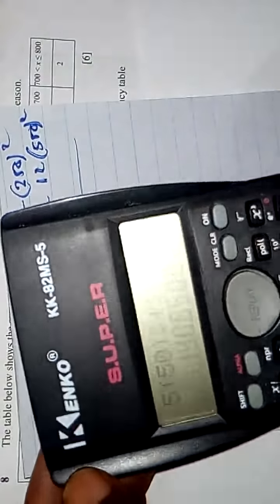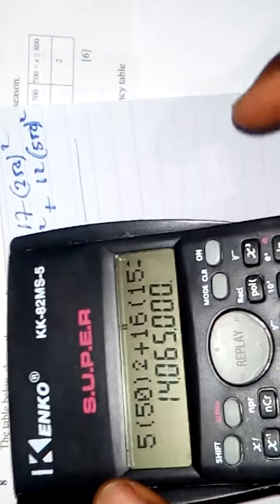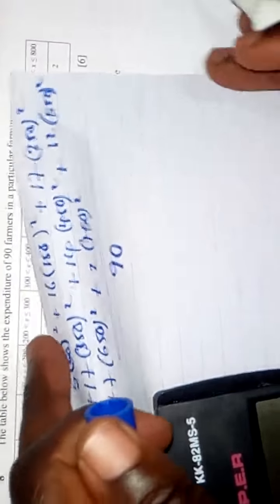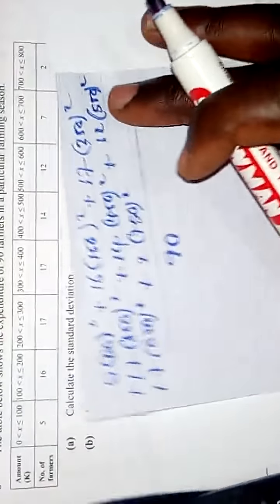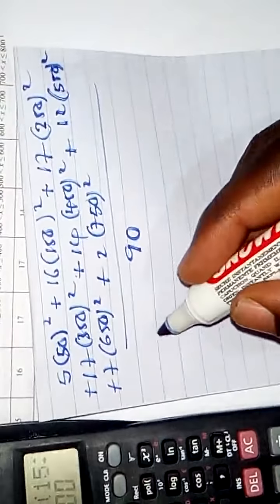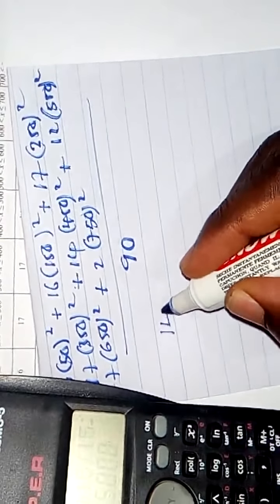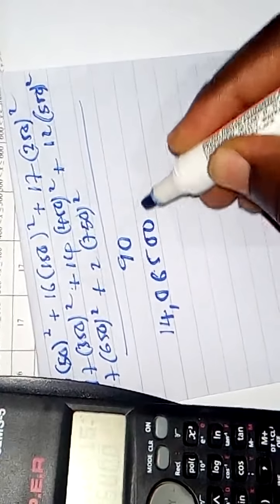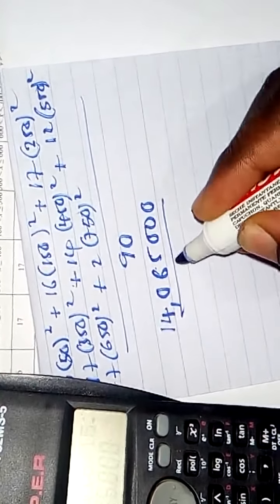You punch, and it gives you a very big number. Let me put it here nicely. It will give us something like 14,065,000 over 90.